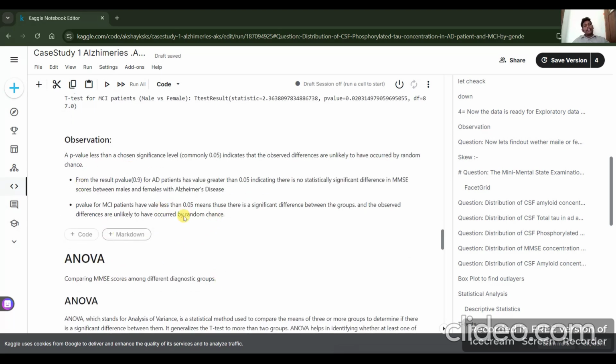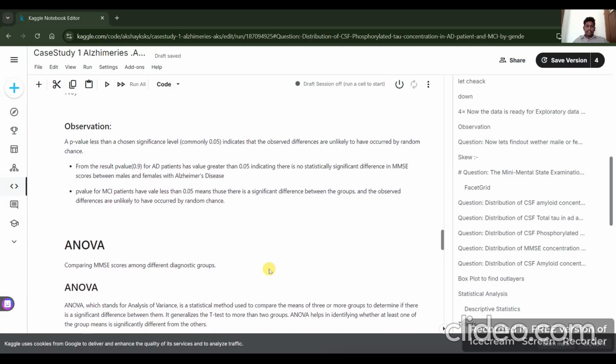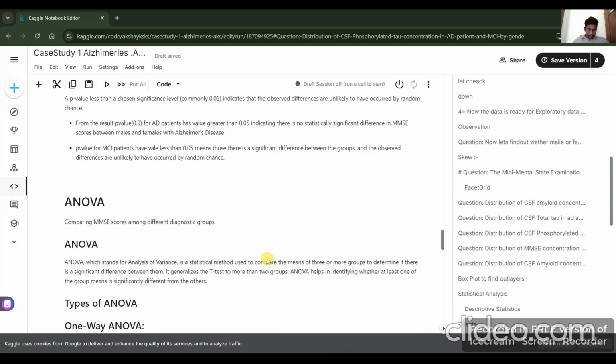Then next we discuss ANOVA, comparing MMSE scores among different diagnostic groups.